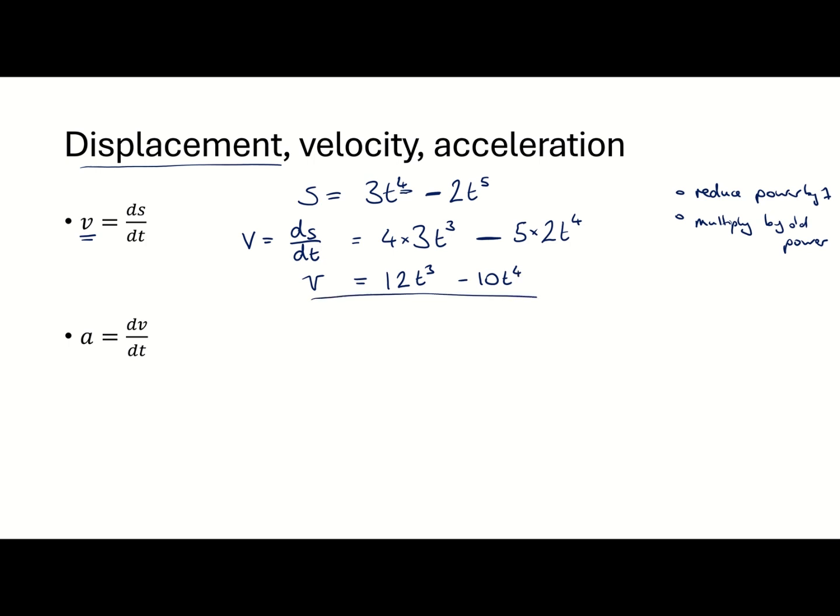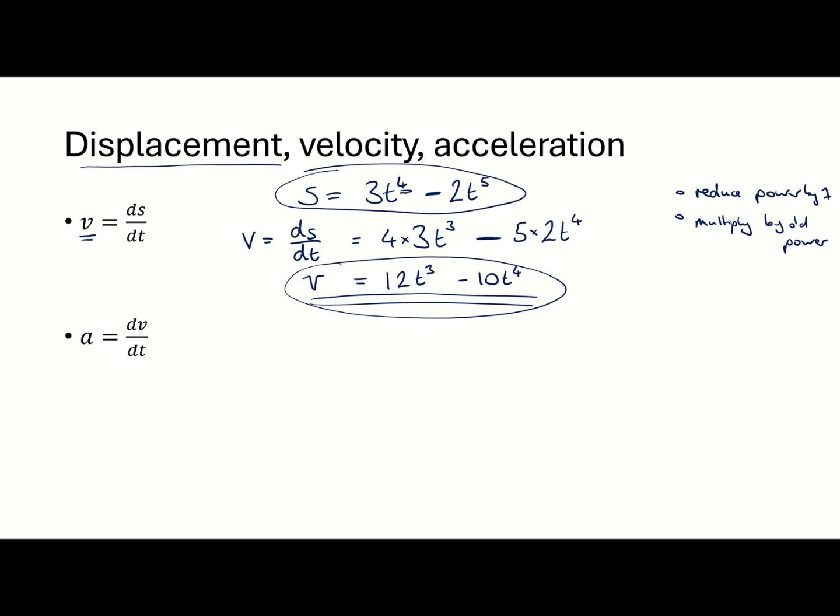So I've got an equation describing how the velocity of my object changes as time changes. Now another way to think about this is the gradient of the displacement time curve. If I was to show this on a graph, the gradient could be described by this equation over here. So we've got differentiation linking our displacement and velocity.